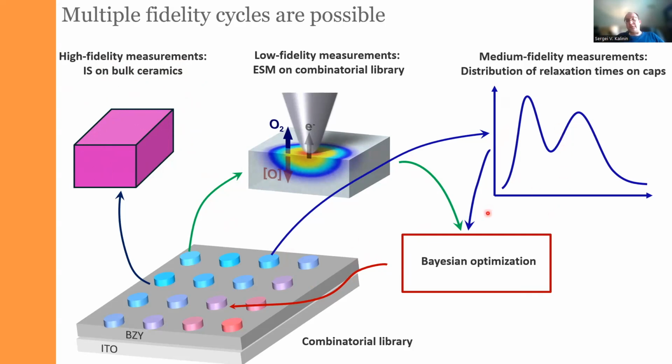And this is the proxy where we expect the measurements are the right ones, but we also expect that there is a difference between the combinatorial library and the ceramics. So our first fidelity cycle is predicated on the relationship between the same sample but two different techniques. Our second fidelity cycle is the same measurement techniques but different forms of the same sample.